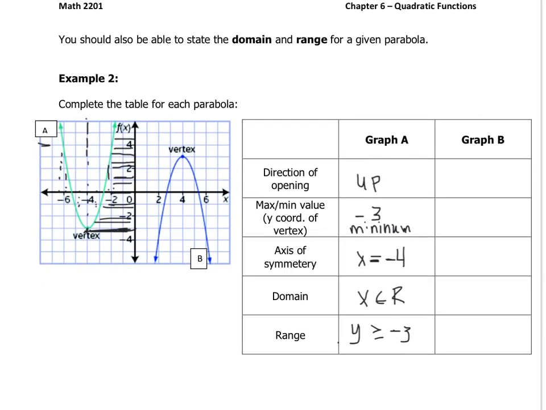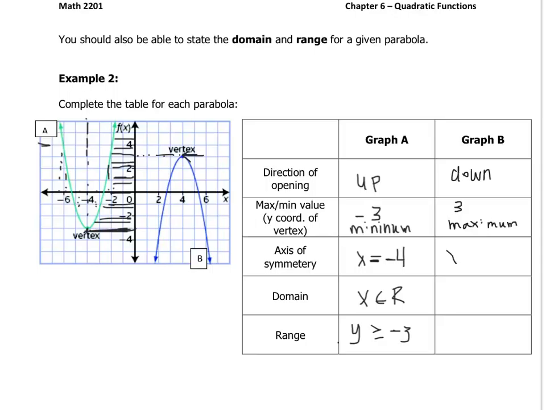And for graph B, this one opens down, and this time it has a high point, so the vertex would be a maximum point, and the maximum value would be 3. If you look at the y coordinate that goes with that point, 3 would be your maximum.